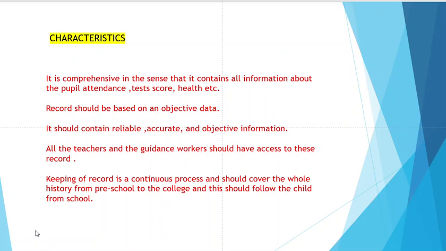So it should cover the whole history from preschool to the college, and it should follow the child from school. It's a necessary part of the cumulative record, and earlier we discussed in the definition also that it covers a longer period of information in the cumulative record. So it covers the whole history from preschool to the college level.